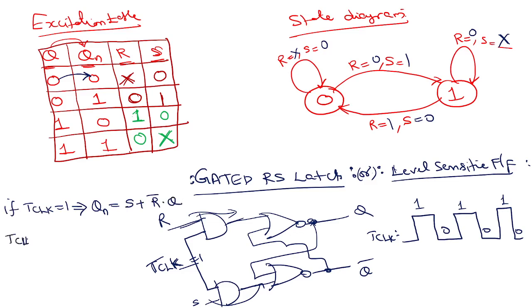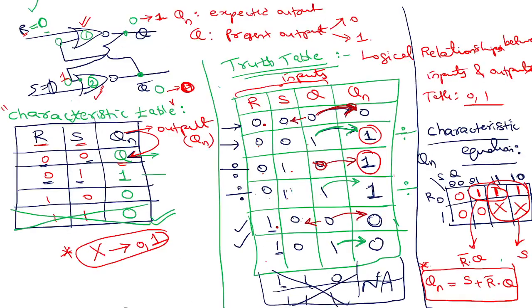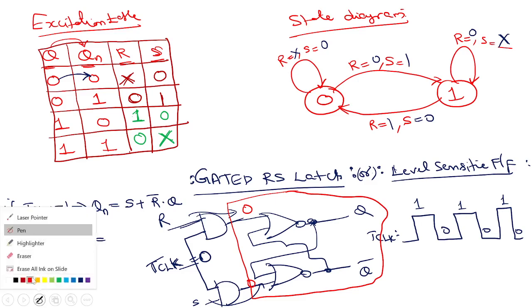What will happen if clock equals 0? Your Qn, what will happen? This is 0, this is 0. We know this is an actual RS latch, right? 0 0 means the same state will repeat, so you are not changing the state at all.